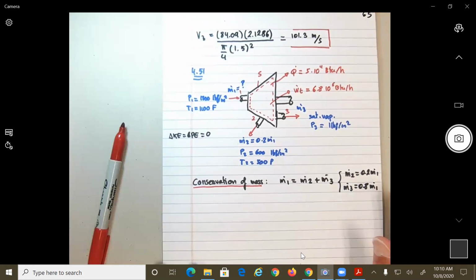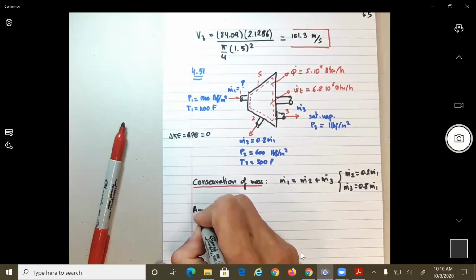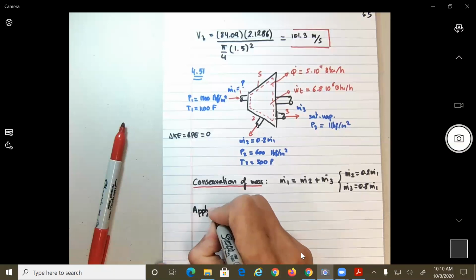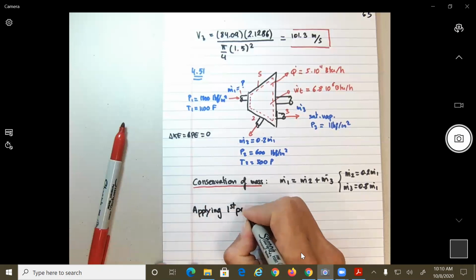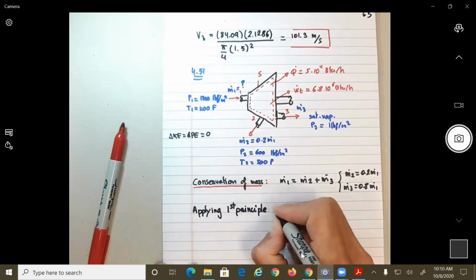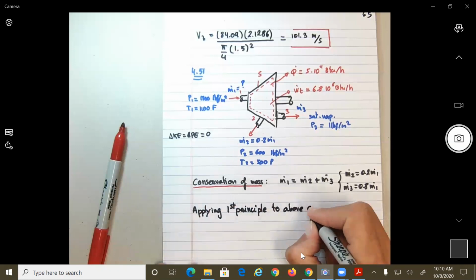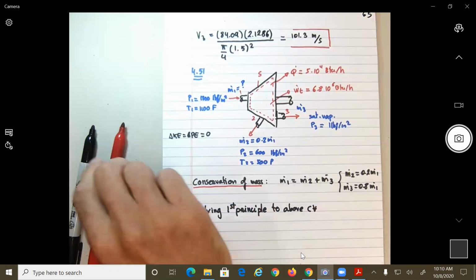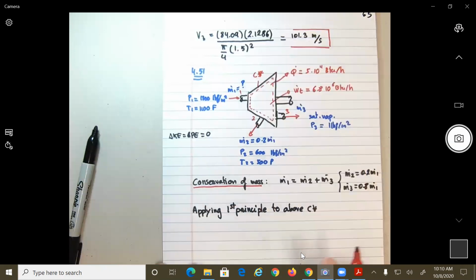Okay, next we can write, applying the first principle to the above control volume. So if you want, instead of calling this system, I'll call it control volume, might be more specific. So this is your control volume.